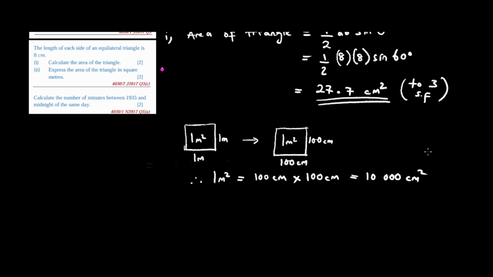Saka kana tatoziva izvo, 1 square meter iri equal to 10,000 square centimeters, therefore 27.7 square centimeters inenge imbori chi.